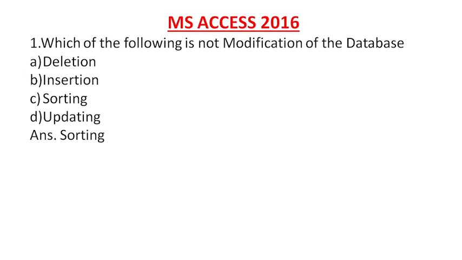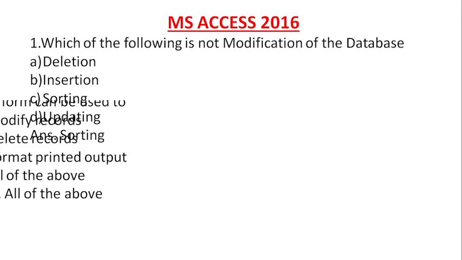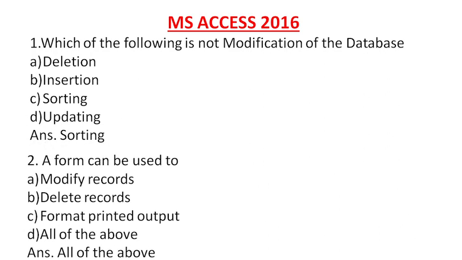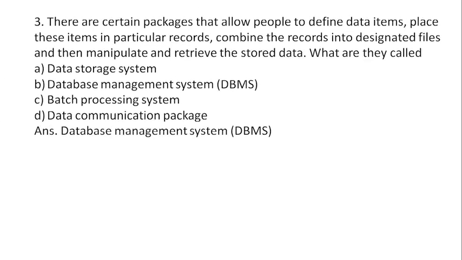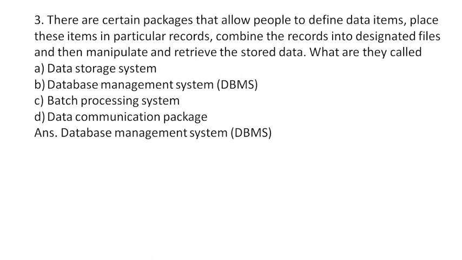এখানে দেখতে পাচ্ছি প্রথম কোশ্চেনটা বলছে which of the following is not modification of the database। আনসার দেখতে পাচ্ছি বলছে শর্টিং। নেক্সট, a from can be used to, আনসার দেখতে পাচ্ছি বলছে all of the above, মানে হলো modify records, delete records, format, printed output, তিনটেই হবে। নেক্সট বলছে there are certain packages that allow people to define data items, place these items in particular records, combine the records into designated files and then manipulate and retrieve the sorted data.